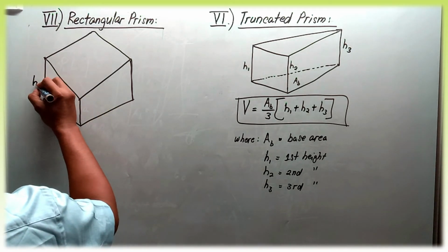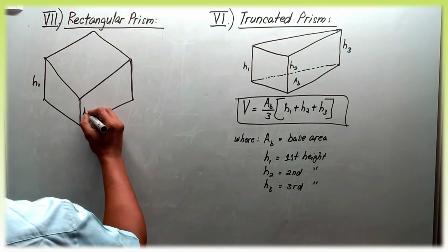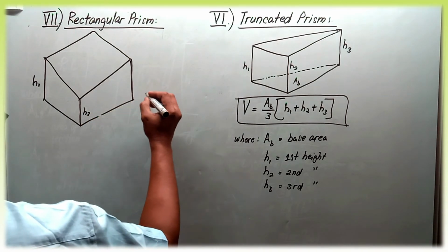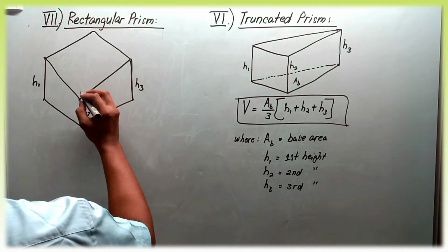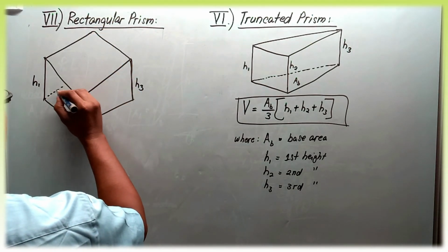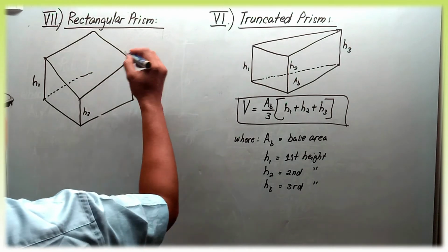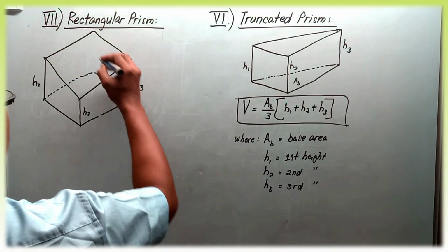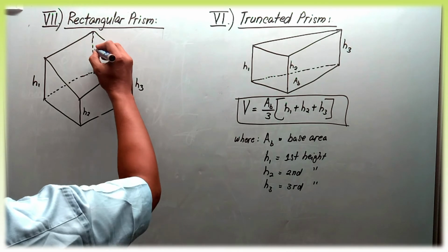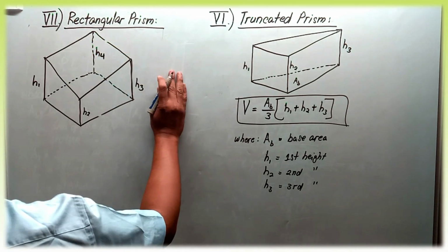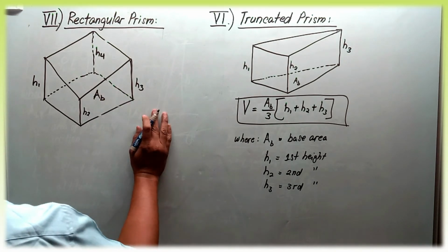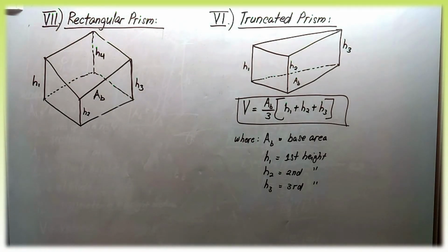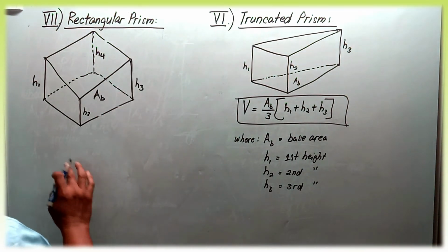H1 will be H2, H3, and this one is the H4, and this is the area of the base. So the standard equation on how to solve the volume of a rectangular prism goes like this.